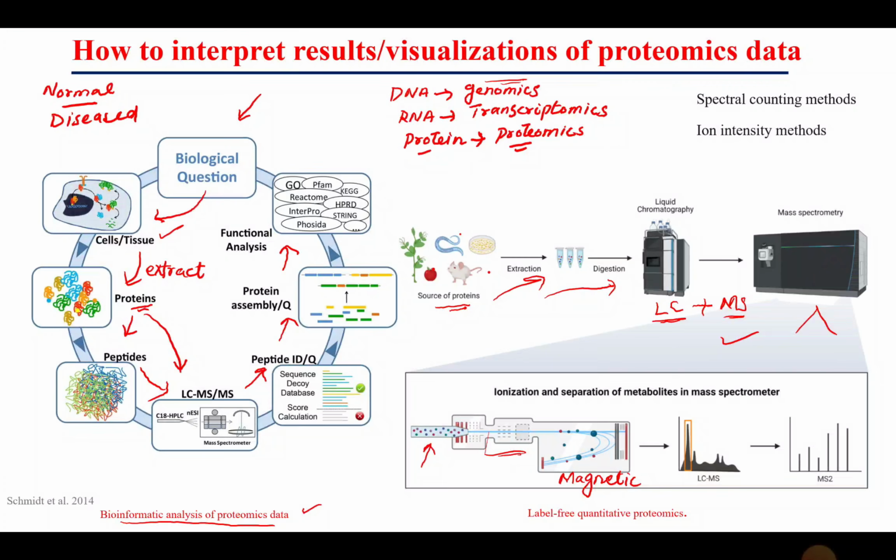After that, this acquisition is transformed into the form of spectra. These curves are also called spectra. After that we only extract the useful spectra and discard the remaining. So this was the simple protocol and simple workflow which we apply in a proteomic study.